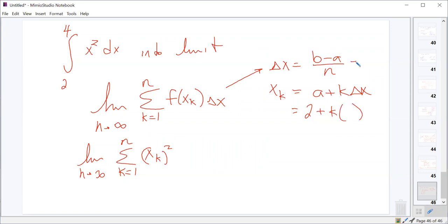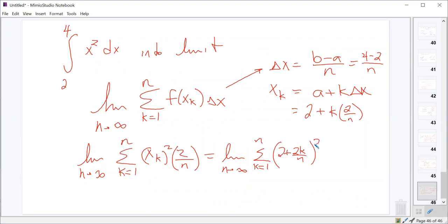Delta x ought to be b minus a, 4 minus 2 over n. So that's just 2 over n. So we have x sub k squared times 2 over n. And we would rewrite that as the limit as n approaches infinity of the sum from k equals 1 to n of 2 plus 2k over n, all squared, times 2 over n. That's our x sub k squared times 2 over n.